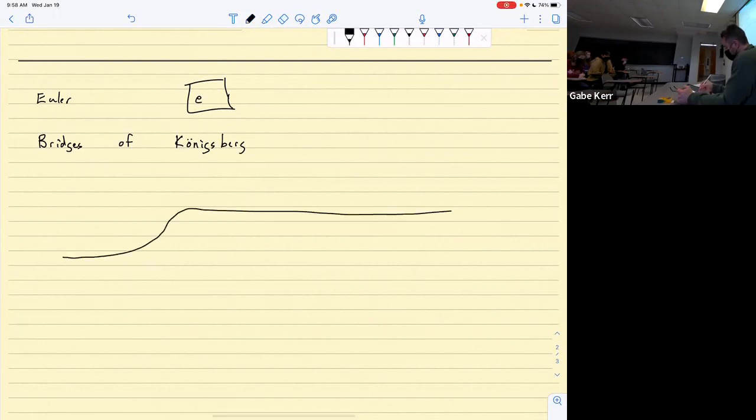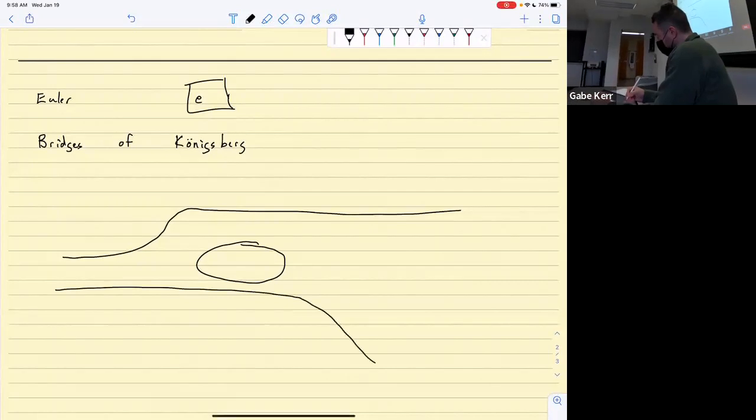I'm going to draw the sketch here. These are rivers. This is a river. So there's three rivers that meet near Königsberg. There's an island. So here are my rivers. These guys love bridges in this town.